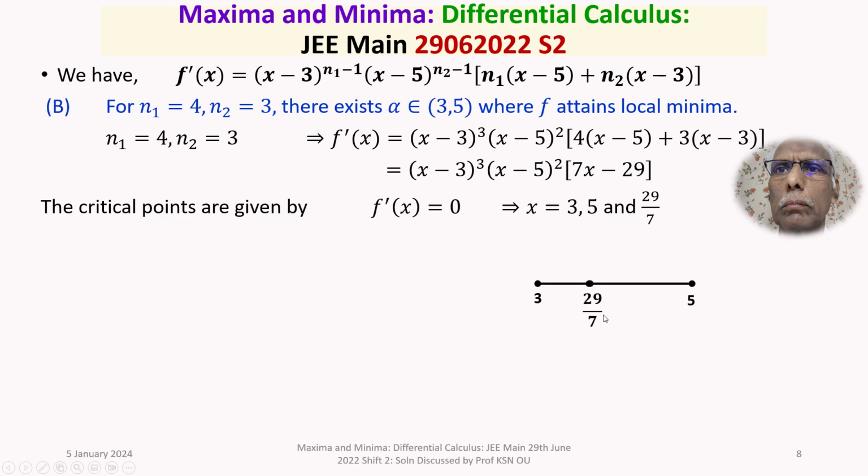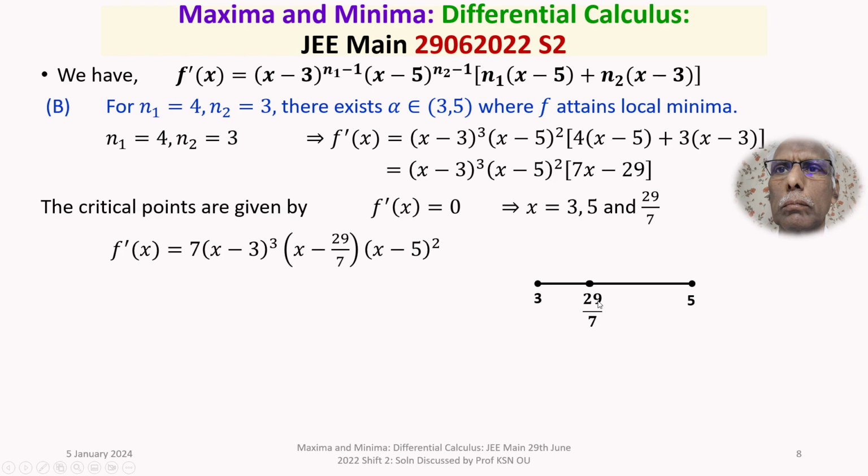So 29/7 lies between 3 and 5. Now we discuss the local maxima or minima only at 29/7. Therefore, we discuss the behavior of f prime x in the open interval (29/7, 5) and the interval (3, 29/7).